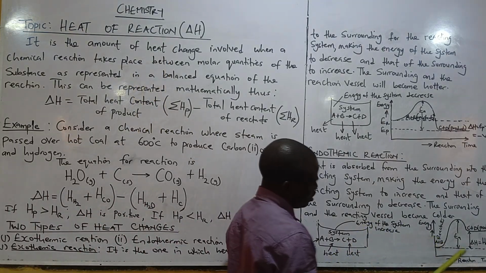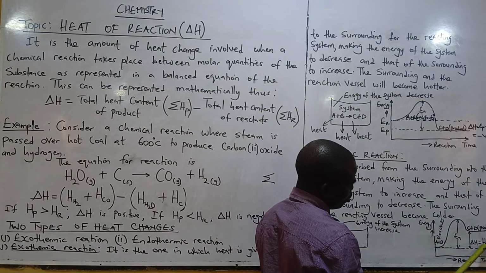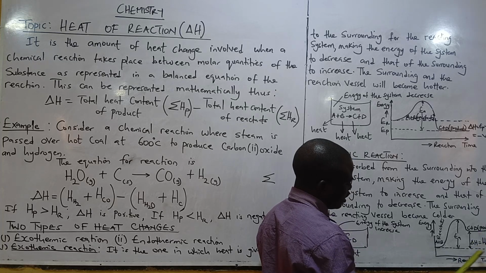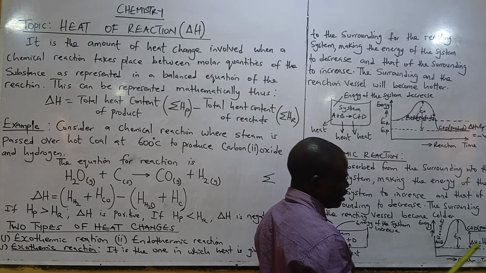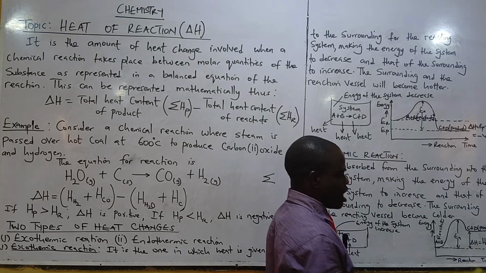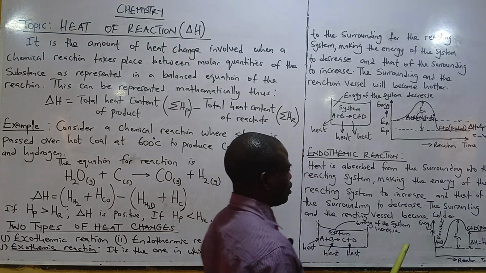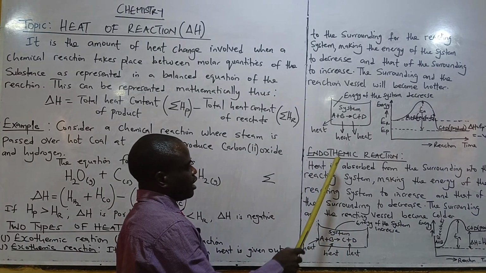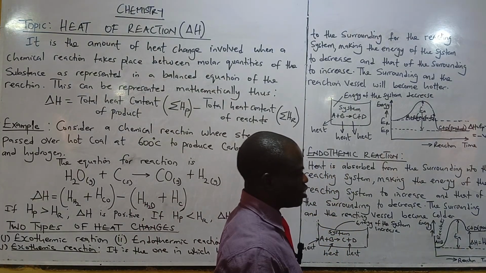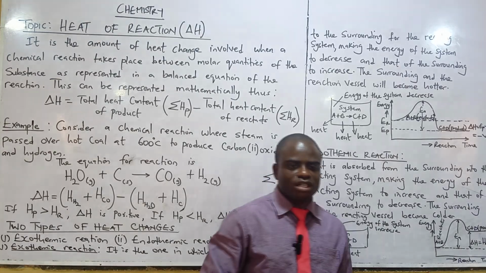You can see the change in energy, the product minus the reactant. Since the product is greater than the reactant, definitely you have a positive value, and when you have a positive value, in that case you have an endothermic reaction. That's the sign of an endothermic reaction.